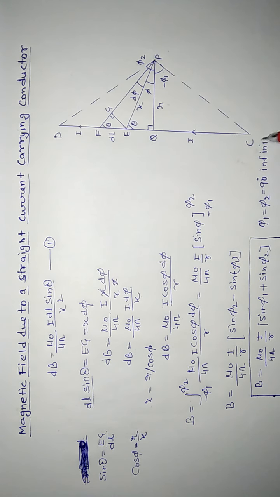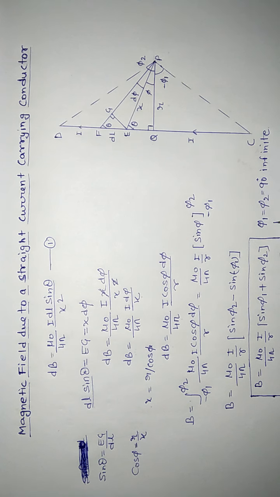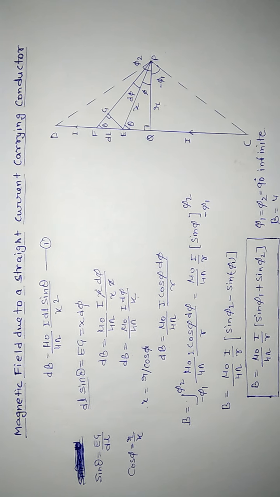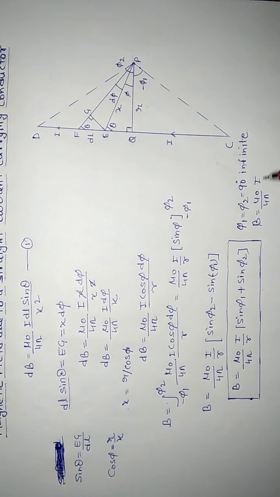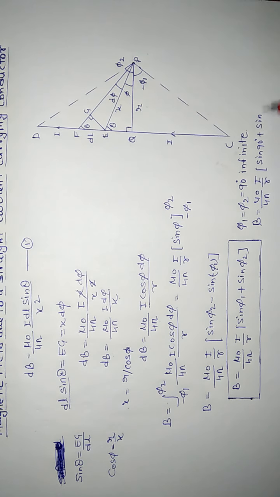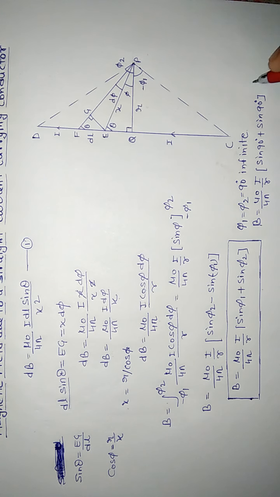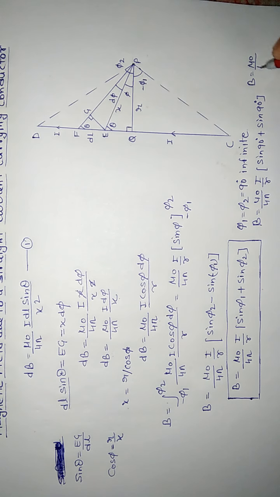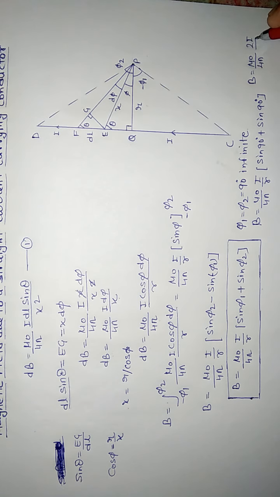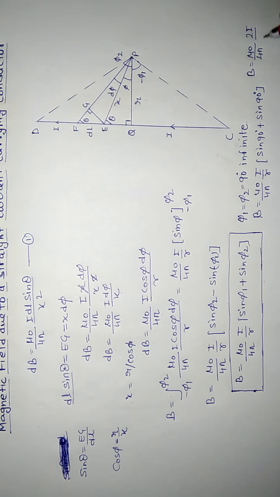If the length of the conductor is infinite, then B is equal to mu naught upon 4 pi I by R, sin 90 plus sin 90, or we will get B is equal to mu naught upon 4 pi 2I by R. This is the formula.